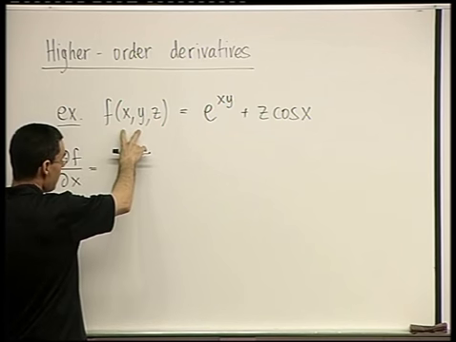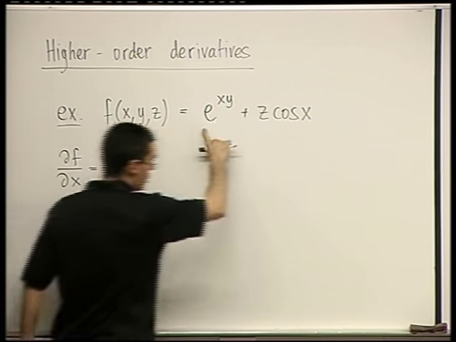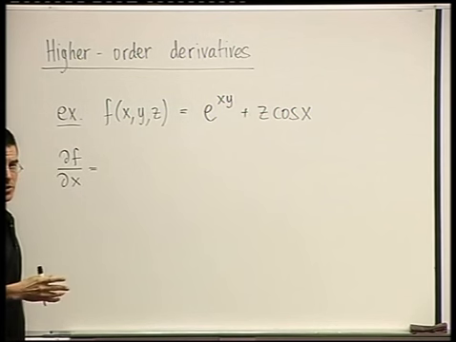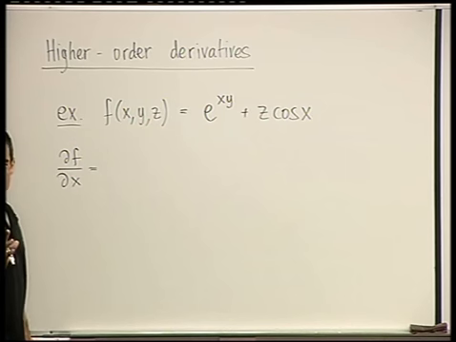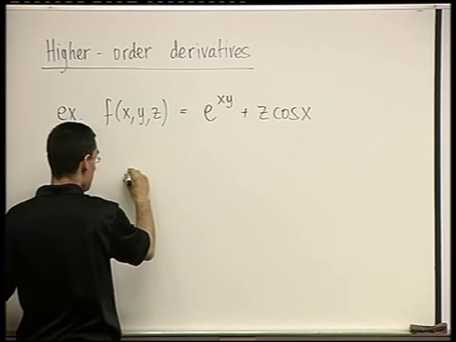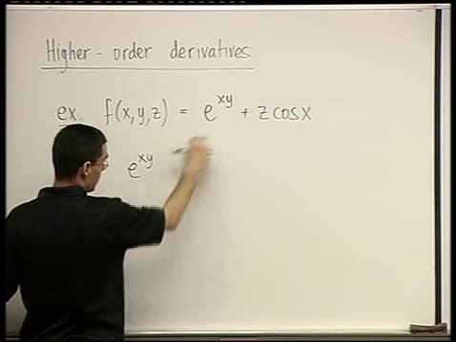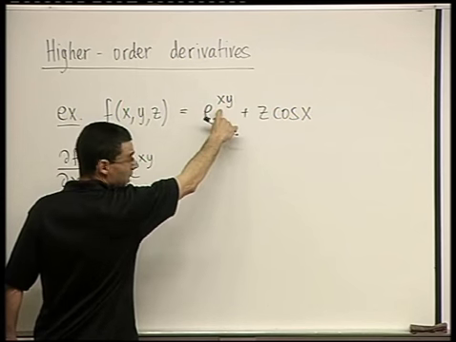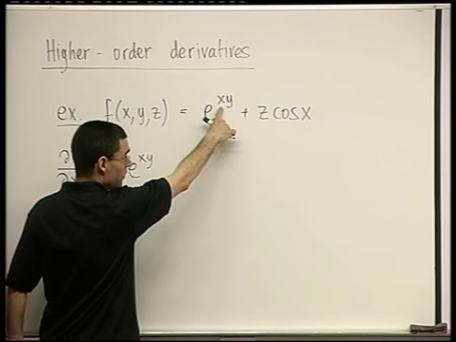The derivative of f with respect to x, I just regard all the other variables, y and z, as fixed, and take derivatives with respect to x, right? We all know how to do that. So what do I get? I get e to the xy. The derivative of e to the something is always e to the something, times the inner derivative. What's the inner derivative?